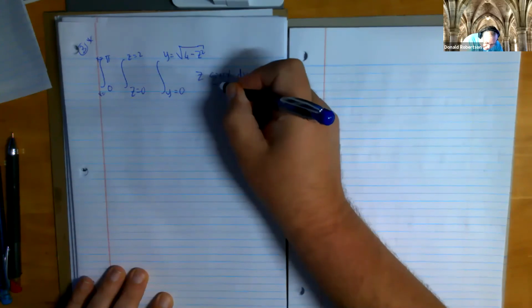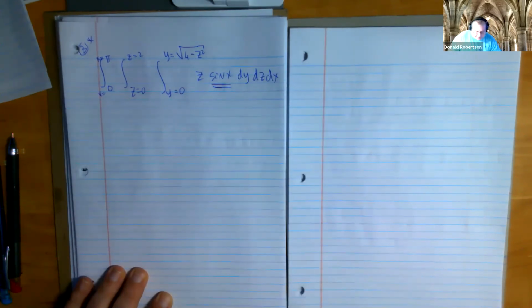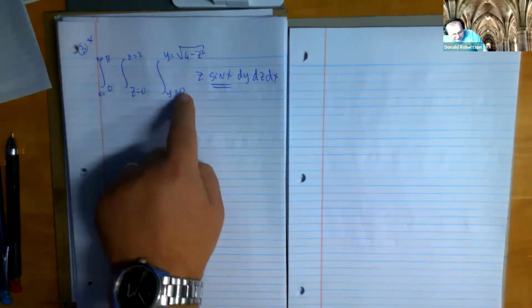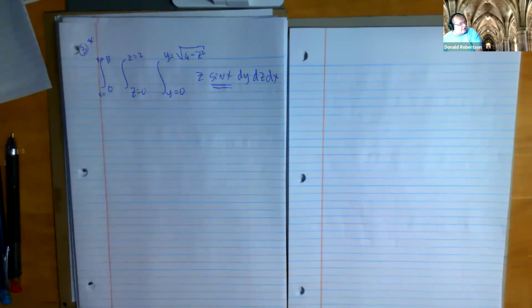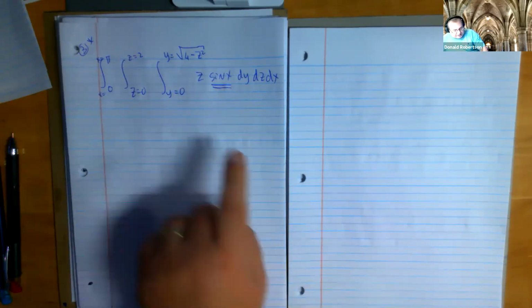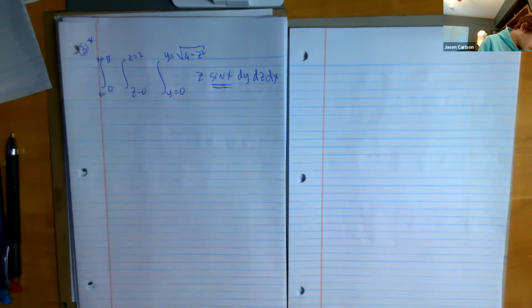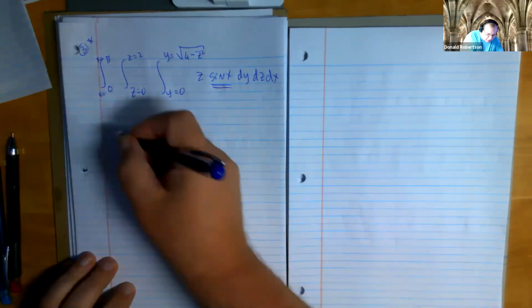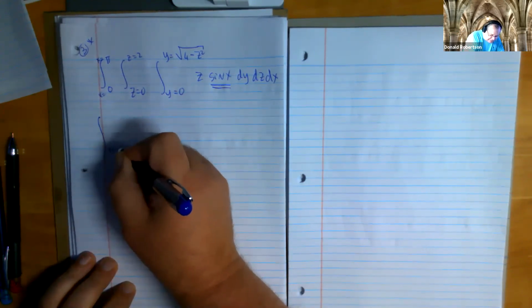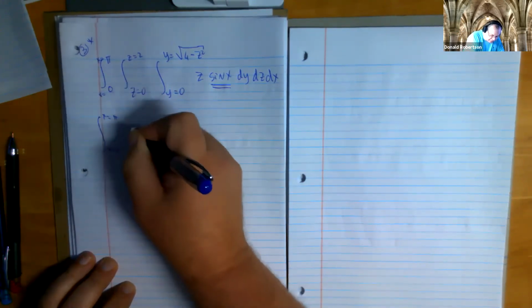On the other hand, do any of these involve x's? Nope. Do any of these limits of integration have x's in them? And the answer is no. So couldn't I at least do this?